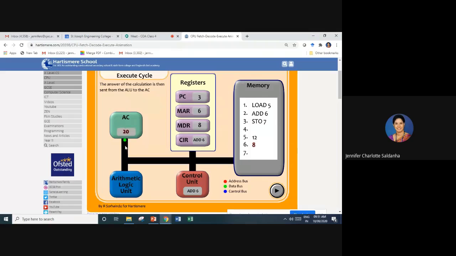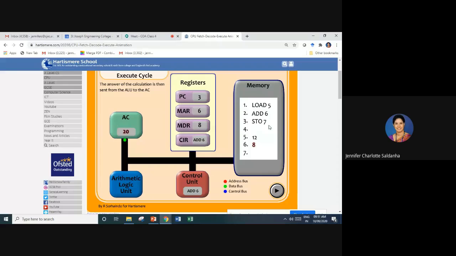So the arithmetic and logical unit adds the 2 operands and you have the result in the accumulator. This completes the execution of the second instruction. It has added the contents which were present in the processor with the content of the memory location 6.